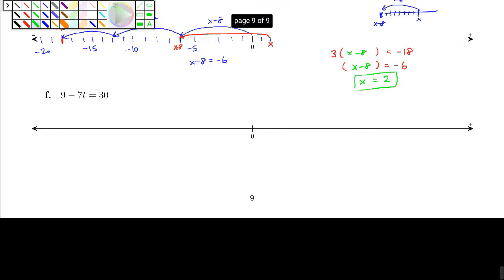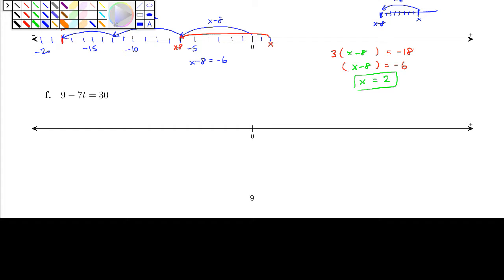And I believe this is the last one. 9 minus 7t. So let's look at this. I'm just going to do something a little bit like guessing. It's probably going to be wrong to begin with, but starting by guessing and then refining my idea is going to help me understand it.